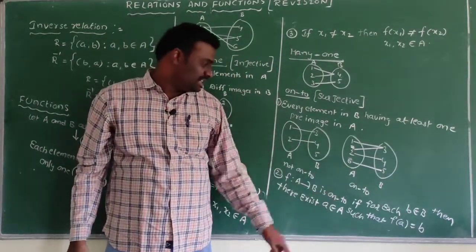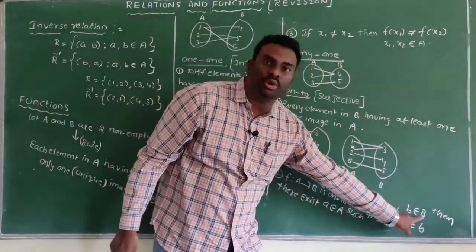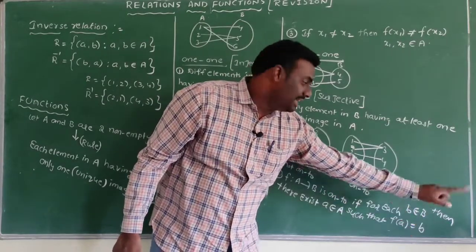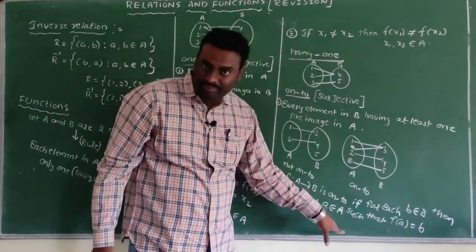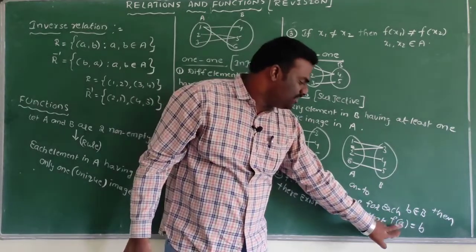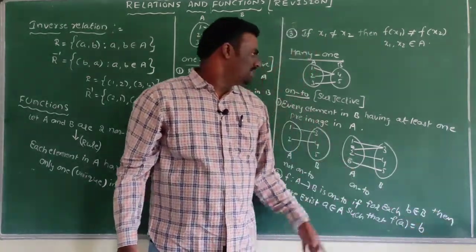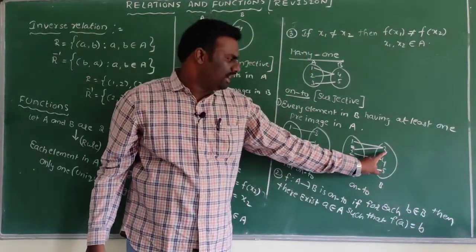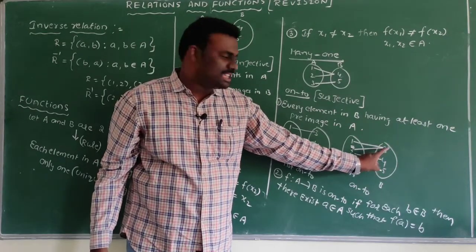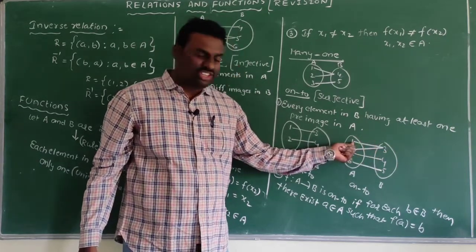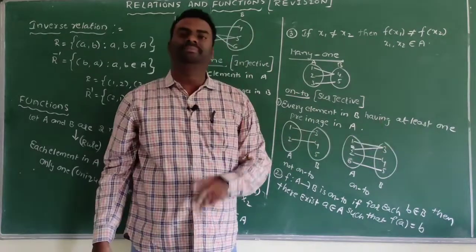What is the meaning of this? If you take element in codomain, then there exists a element in domain such that the image of a equals to b. Same definition. See, if you take element 3, it is having pre-image 1 such that f of 1 is equal to 3.